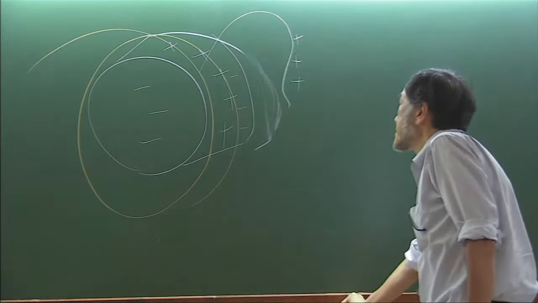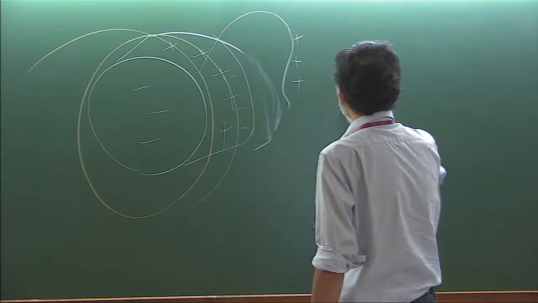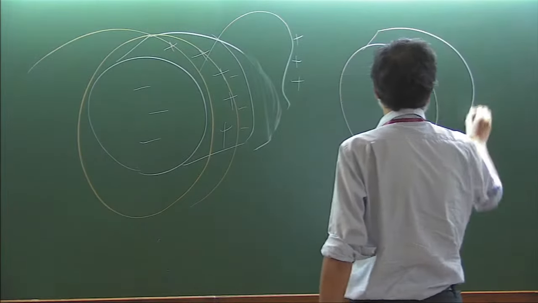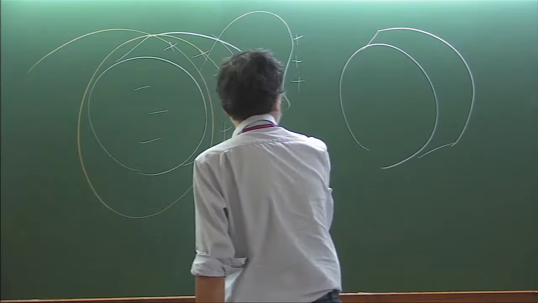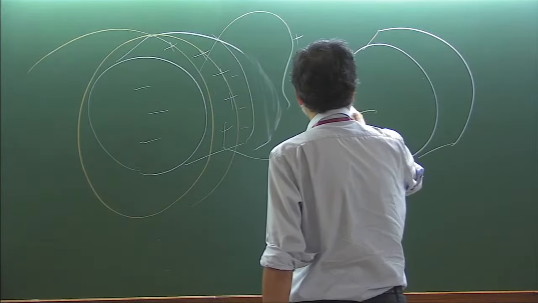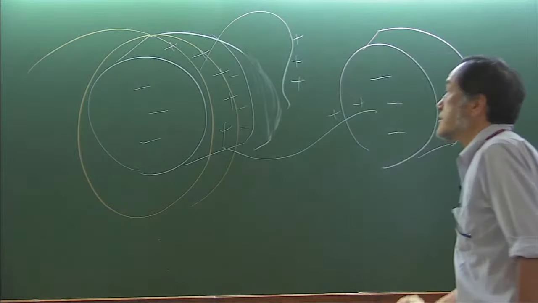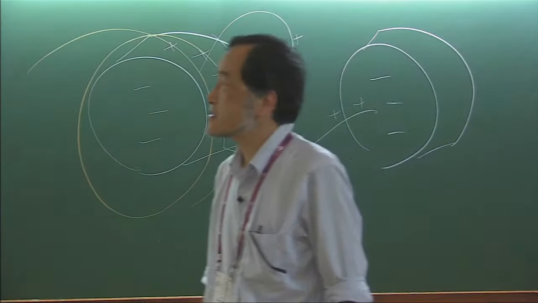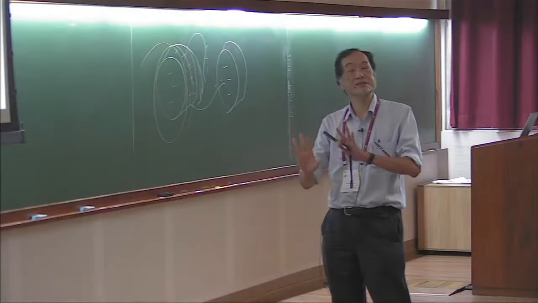But sometimes a tail dissociates to interact with the neighboring nucleosome in this way. So in principle, these nucleosomes have attractive interactions in general.